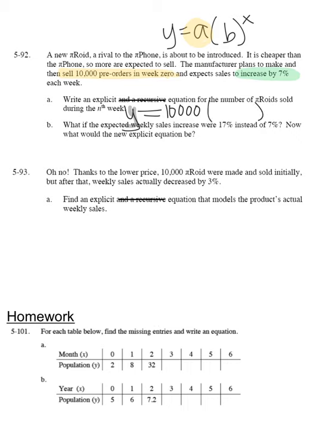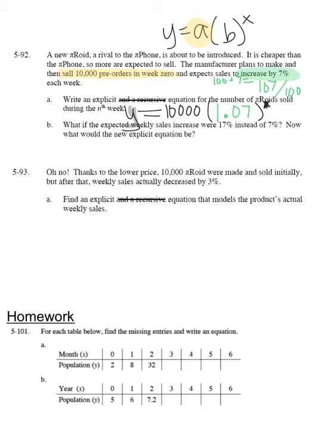And then we just need that multiplier. If it's supposed to increase by 7%, that means we start at 100%, we increase by 7, so that's 107%. Then to convert that 107% to a decimal, we always divide by 100, and we get a multiplier of 1.07. And our equation needs an x, and we just put the x as an exponent to keep track of how many times we're going to use that multiplier.